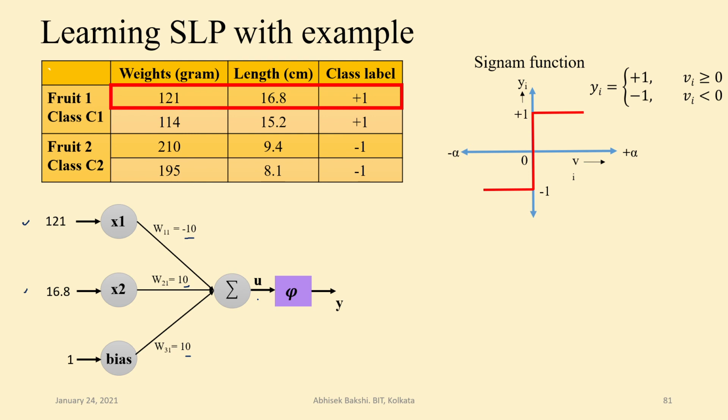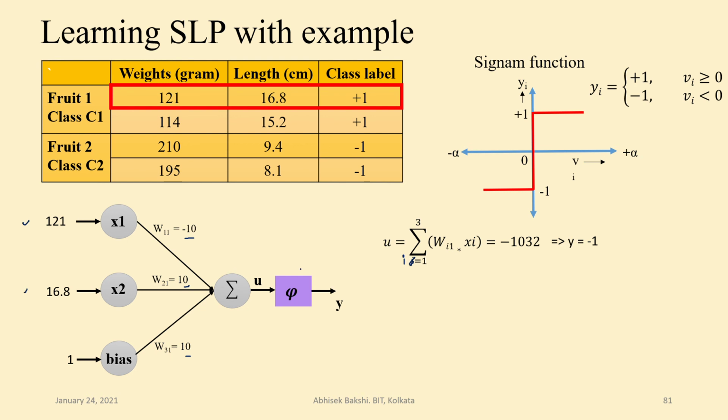Then we can compute the difference between the desired value and the actual value, and depending on the error between them, we can continue. So let's see, what is this u? u is the sum of wi1 into xi, sorry, it should not be j, it should be i, equal to 1 to 3.